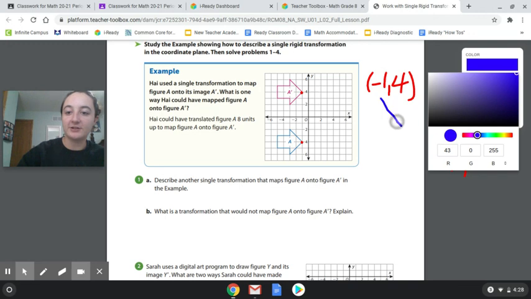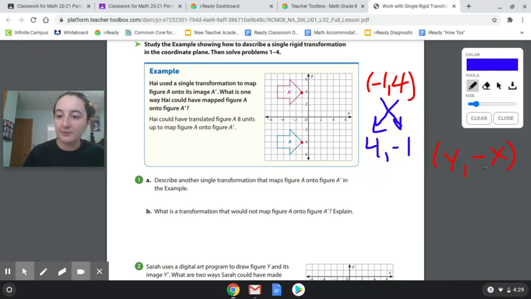So our -1's over here, our 4 is over here. And then we have to make what was our x value, so this -1, opposite. So this would become (4, 1). So we go over 4, up 1, which means clearly it is not a rotation since it is here and not here.